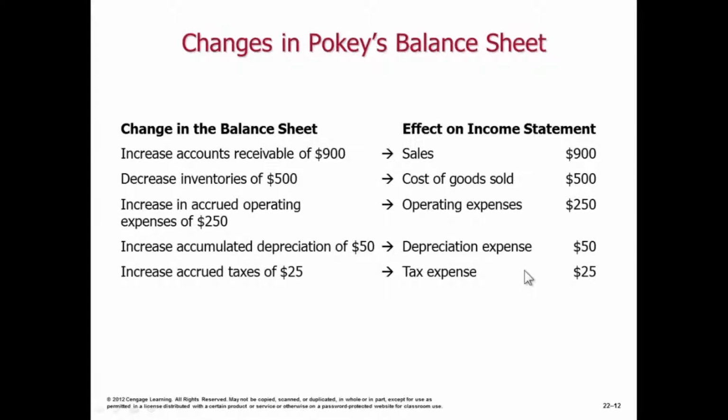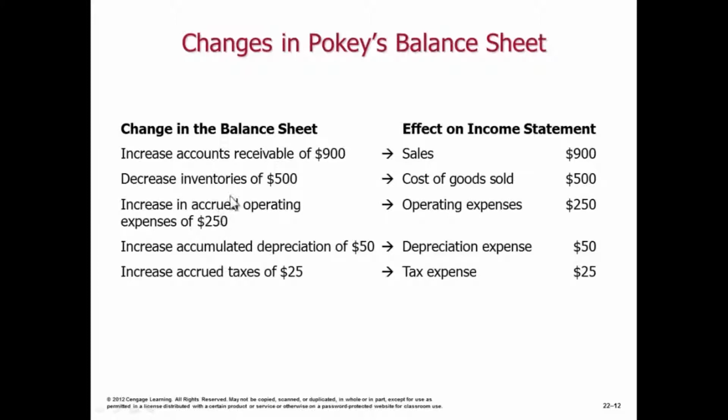Now, what happened in Pokey's balance sheet? They increased their accounts receivable by 900 because they made some sales. This is the impact on the income statement. So I made some sales of 900. I increased my accounts receivable by 900, all credit sales. I decreased my inventories by 500. My cost of goods sold goes up by 500 because I shipped that in the sale, the 500 inventory.